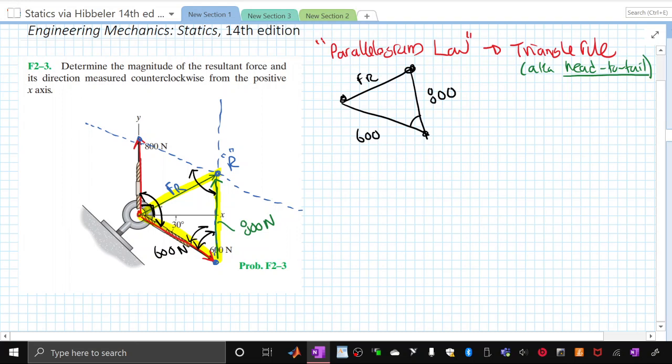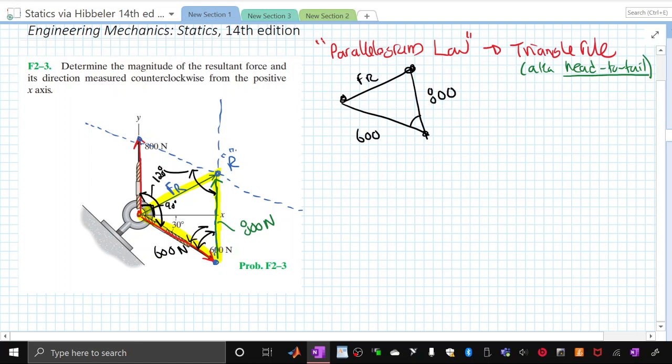So we only need to add 90 degrees to 30, and we're able to find this angle. So 90 plus 30, that's 120. And 120 has to be the same as this, remember, because opposite angles are the same.